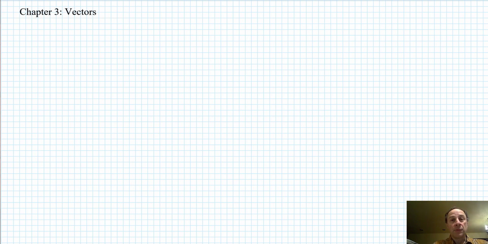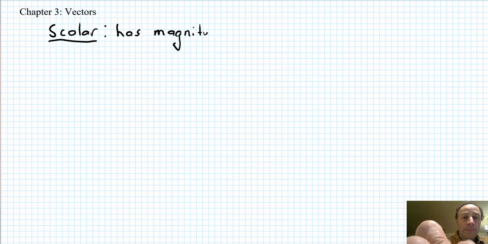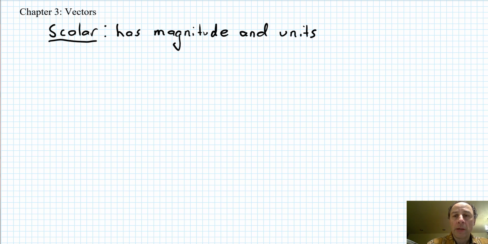All right, so the first thing we have to define is what's the difference between a vector and a scalar quantity. So let's put those up there. A scalar is a quantity that has magnitude and usually units, but no direction.